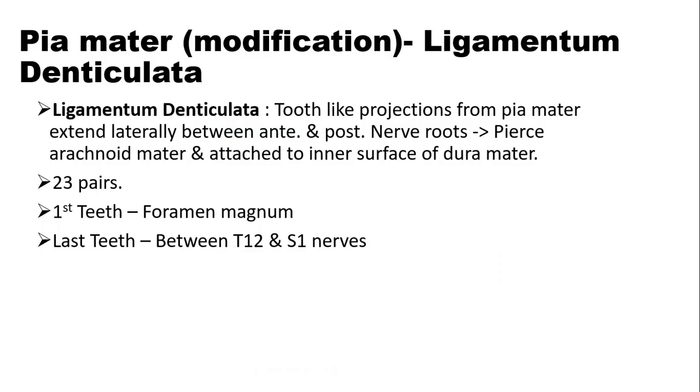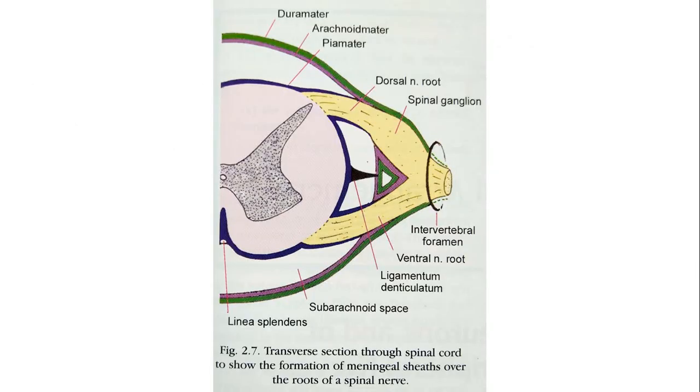Now the second modification is the ligamentum denticulatum. Here again you can see the innermost layer, that is the pia mater. It forms teeth-like projections on either side.